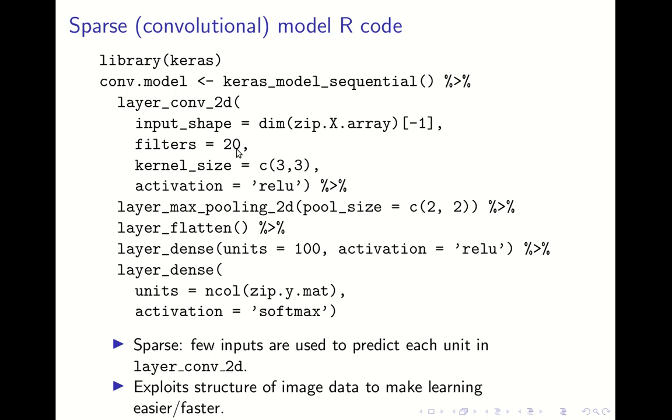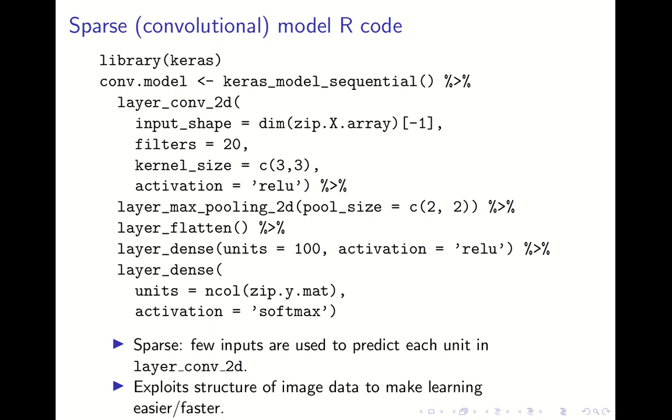You also have to specify a kernel size, which is like the number of pixels in terms of height and width that these filters will be applied to on the input image. We're going to be learning different filters for sliding along different patches of the image to see different patterns in the image.